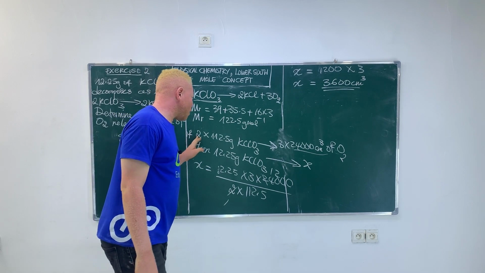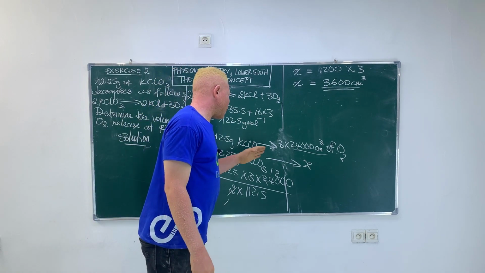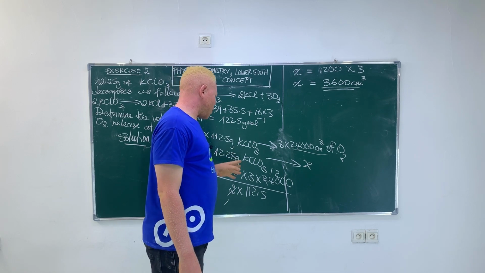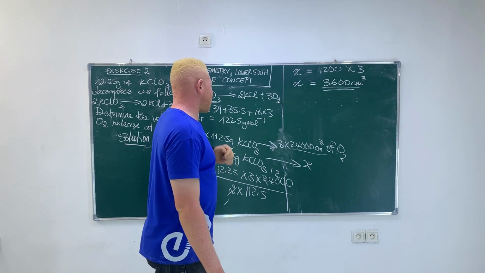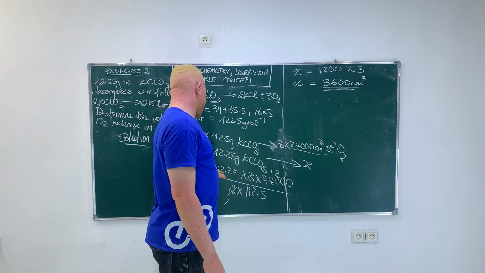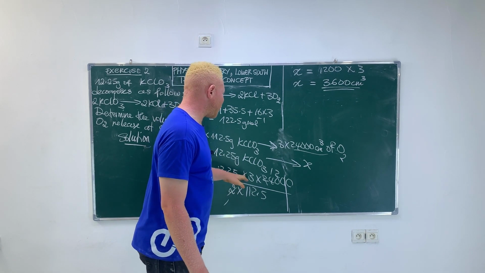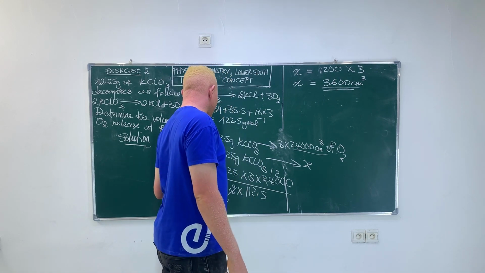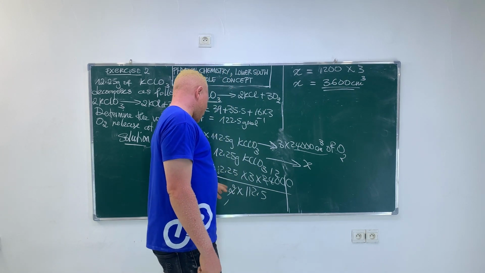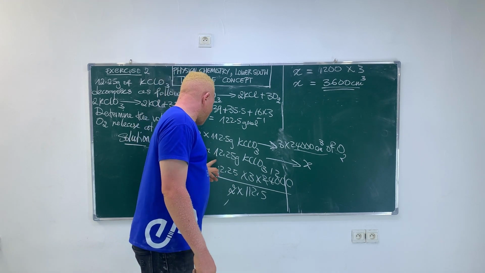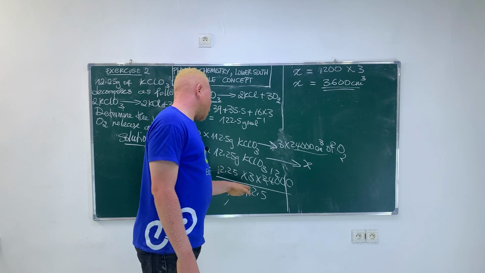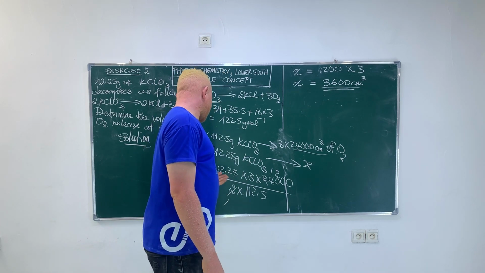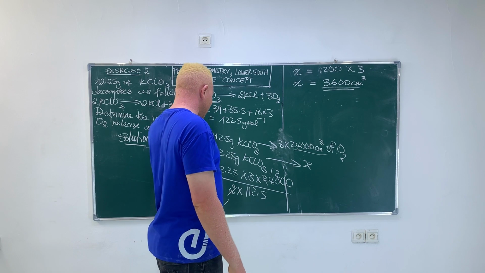So if 2 times this gives that, then 12.25 will give X. So we make X the subject of the formula, we cross multiply. So we need 12.25 times 3 times 24,000 divided by 2 times 122.5, knowing that this one and this one gives 0.1.